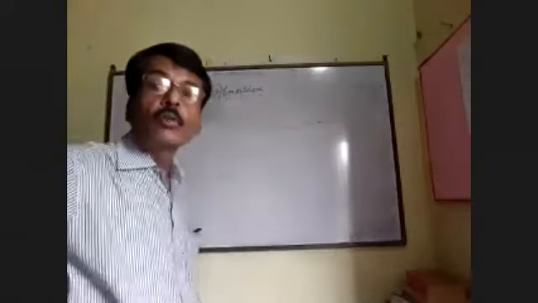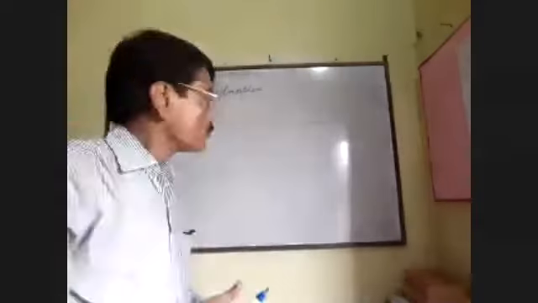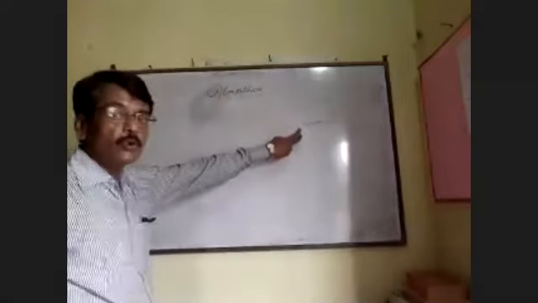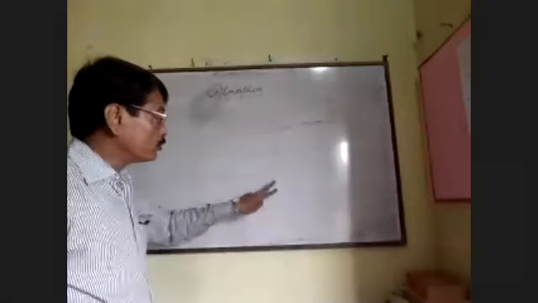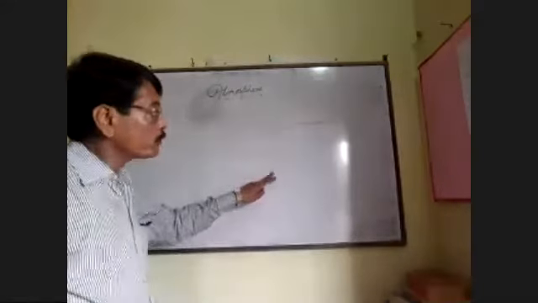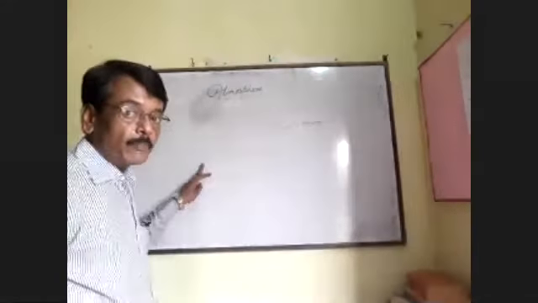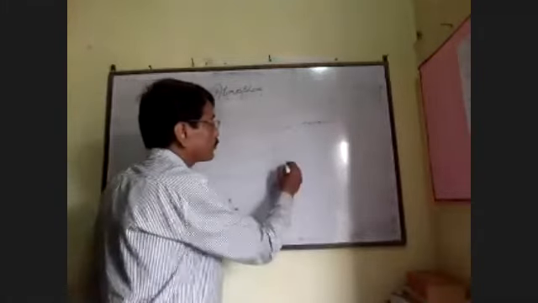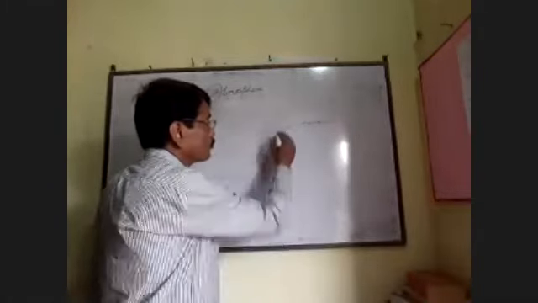In both the hemispheres, this area is known as northern subtropical zone. This area is known as southern subtropical zone. And here the air pressure is high. This is high pressure area. Both of these zones are high pressure zones.